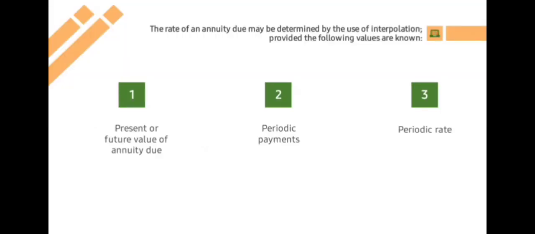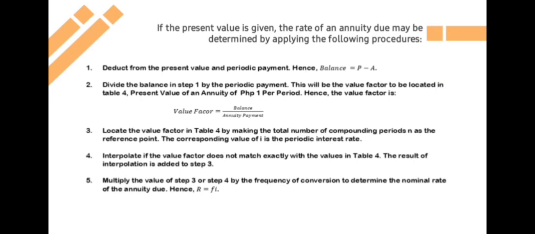So let's proceed to finding the rate of an annuity due. The rate of an annuity due may be determined by the use of interpolation, providing the values are known. First is the present or the future value of an annuity due, then the periodic payment and periodic rate. If the present value is given, the rate of an annuity due may be determined by applying the following procedure.